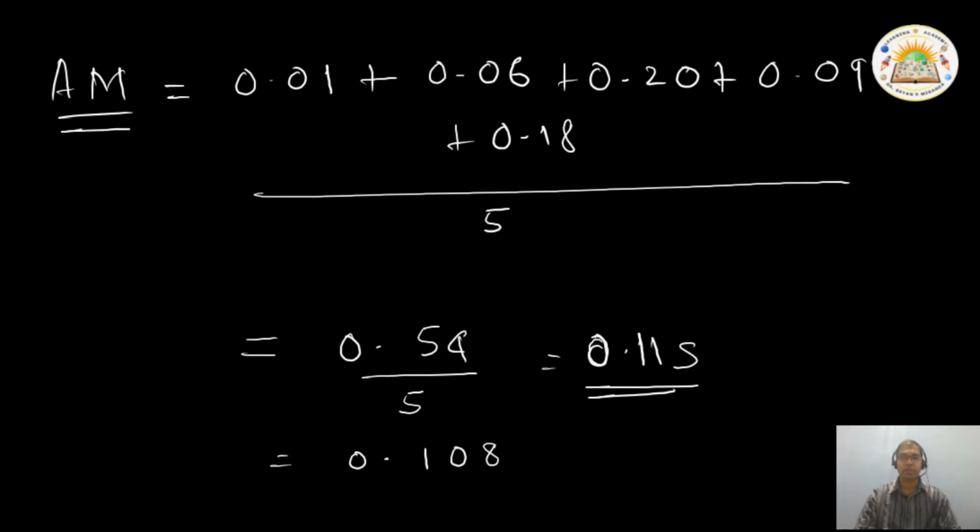Now, what is the understanding? If I take the final mean that we found, which is 2.62, this is going to be plus minus 0.11.